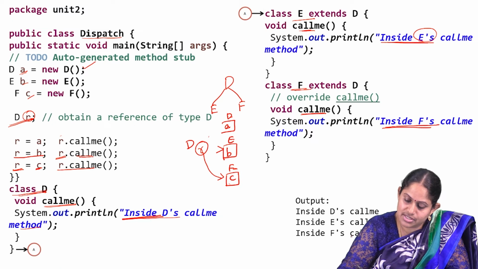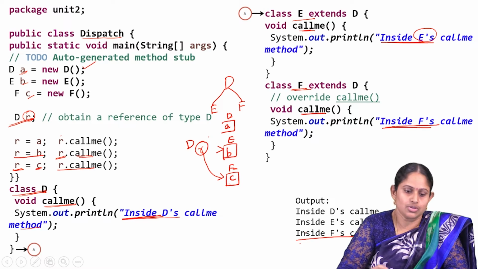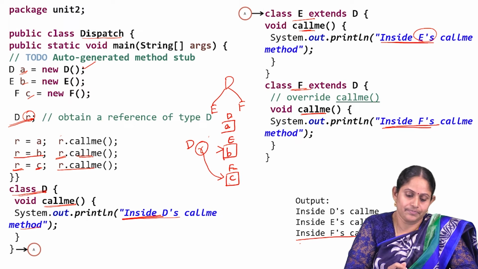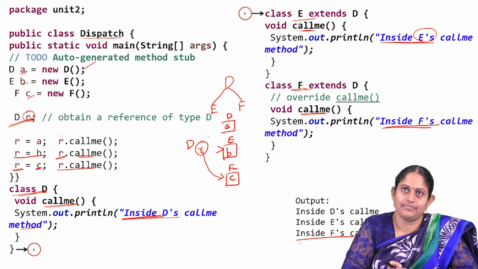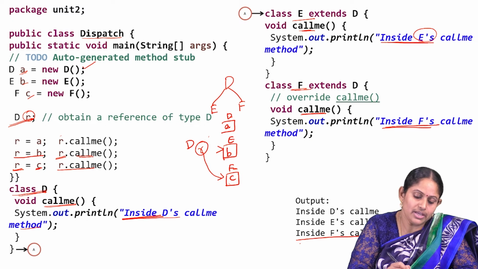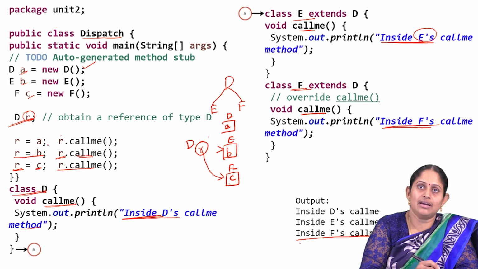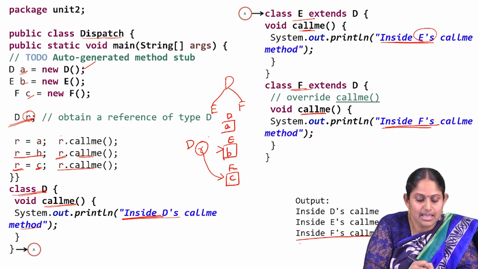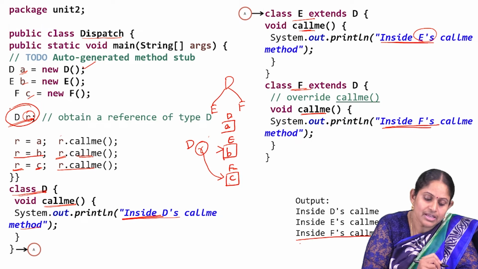So you get this statement in the output. So this is the working of dynamic method dispatch.